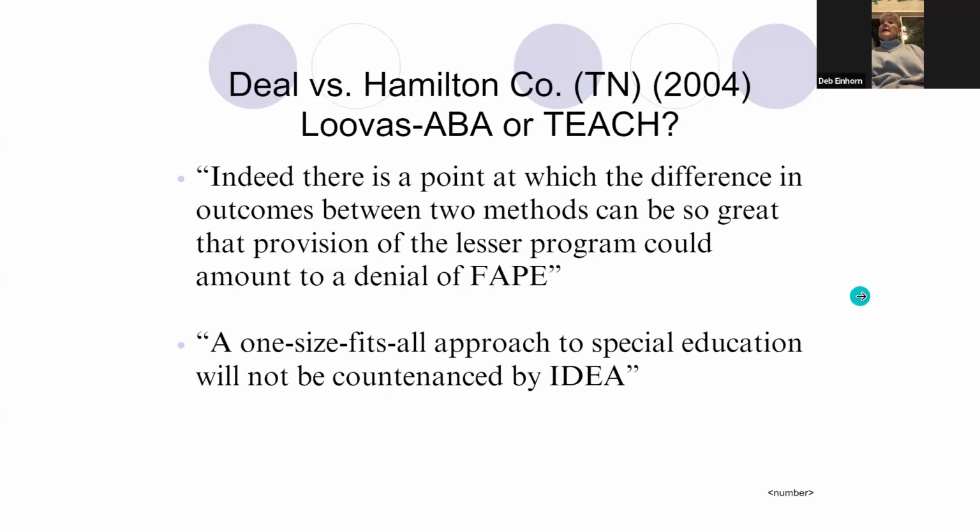But the court did say a one-size-fits-all approach to special education will not be countenanced by the IDEA. So all of these decisions about curriculum and research-based intervention have to be individually based on what a child needs.